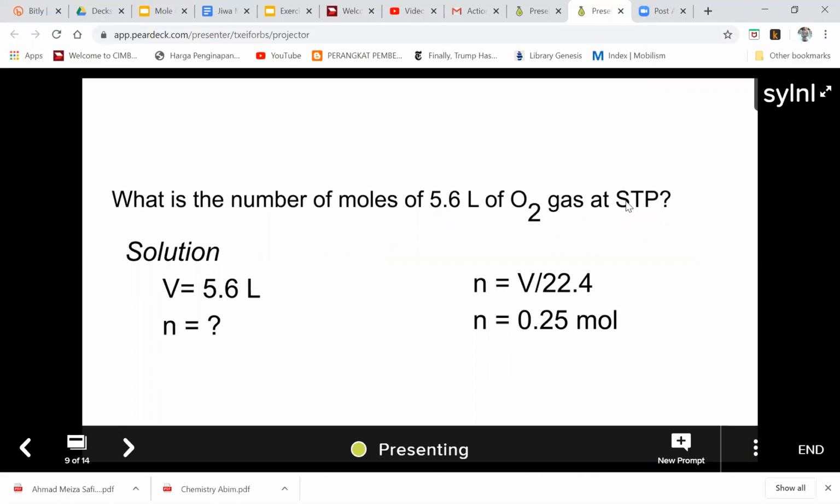We know that if it is at STP, then you just divide the given volume by 22.4 liters. So if you divide 5.6 by 22.4 liters, you will get 0.25 mole. Thank you to the ones who got the true answer.